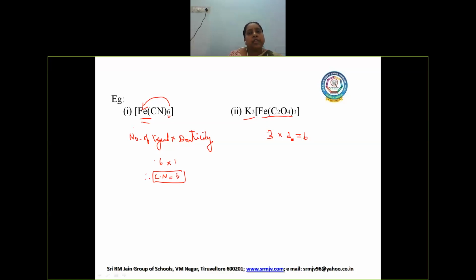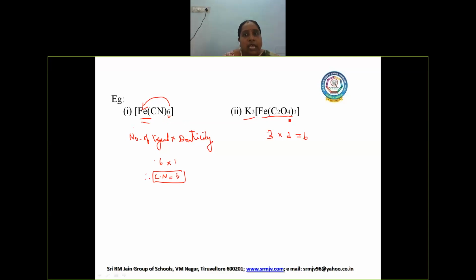Okay, right. See, you may have a doubt: if it is a simple complex with unidentate ligands, and 6 ligands are present along with the central metal atom, it is considered to be an octahedral complex, so the coordination number is 6.